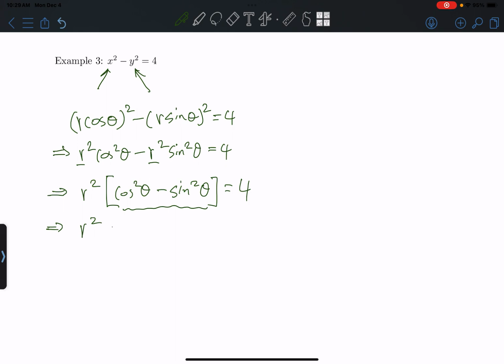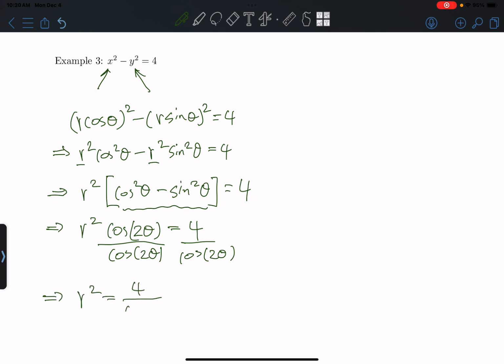So this thing right here just becomes cosine 2 theta. And again, the right hand side is equal to 4. Now to get r by itself, I divide by cosine 2 theta on both sides. So here I get r squared equals 4 over cosine of 2 theta.